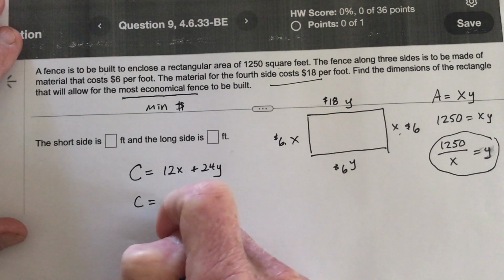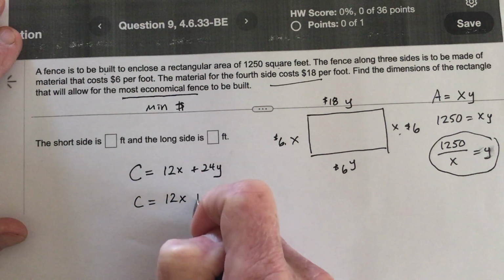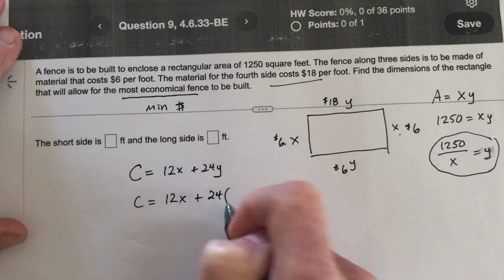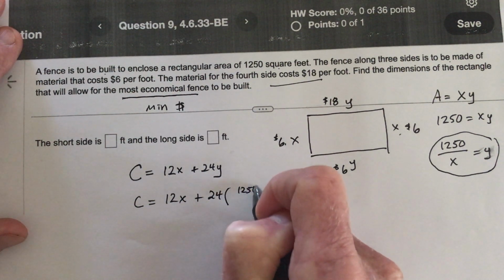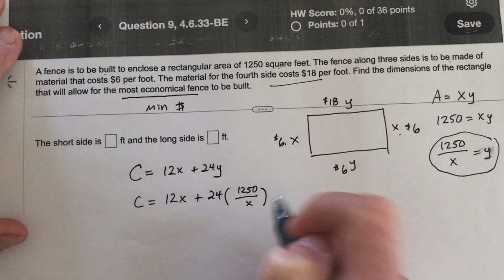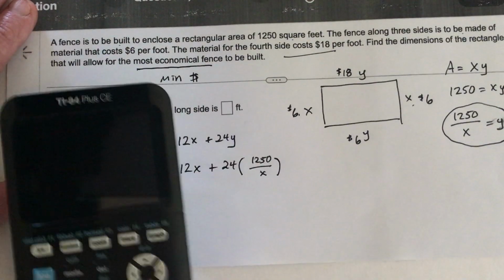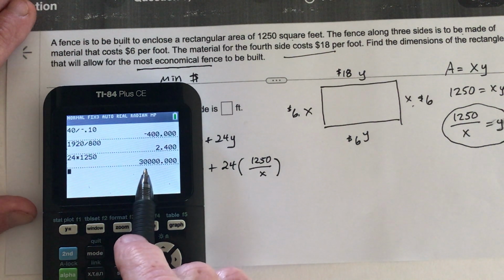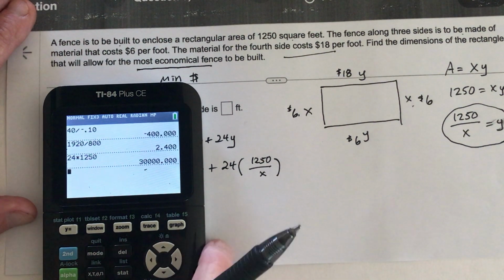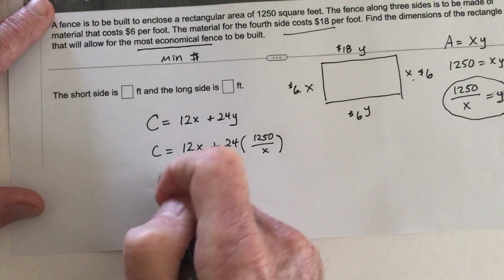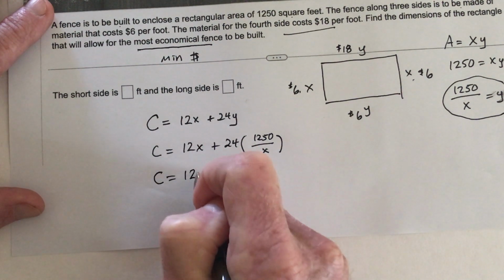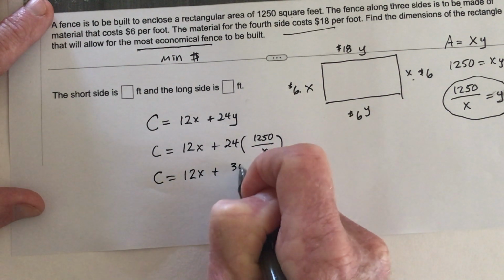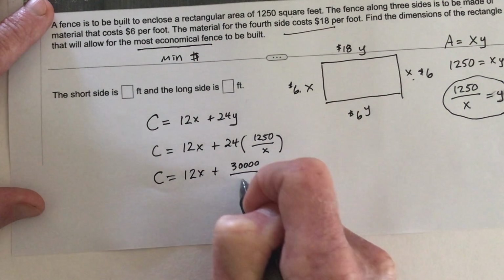So the cost equals 12x plus 24 times 1250 divided by x. And then I want to see what is 24 times 1250. So that is 30,000. So the cost equals 12x plus 30,000 divided by x.